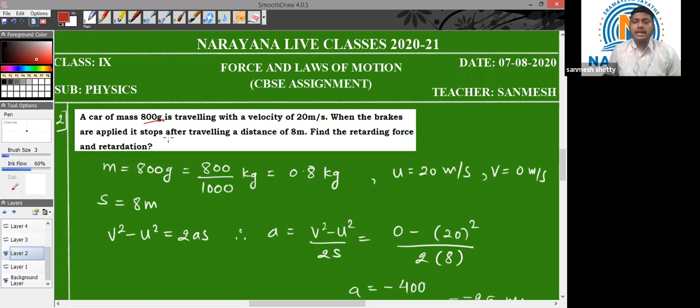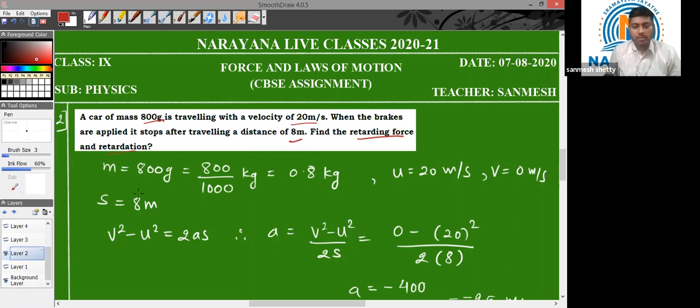So let us consider it is a toy car, a model, and take its mass as 800 grams. Its velocity is 20 meters per second. When the brakes are applied, it stops after traveling a distance of 8 meters. We need to find the retarding force which is stopping the car and the retardation itself.